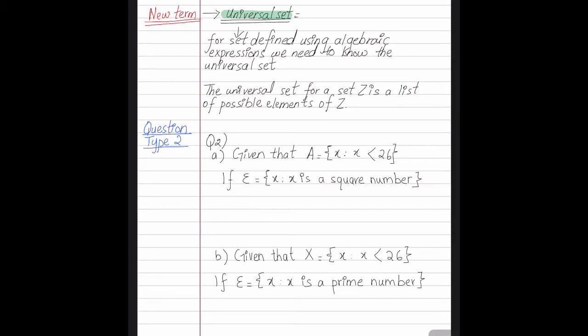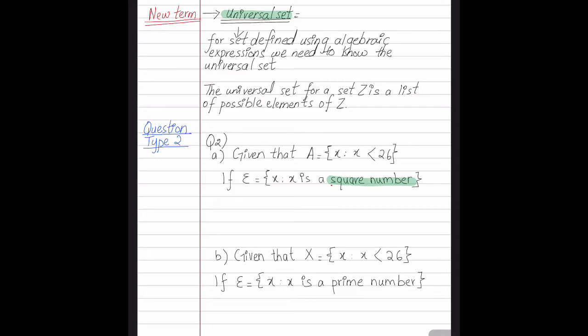So the first part for question 2 states: what's our universal set? X is a square number. X is a square number. Okay. And A is less than 26.